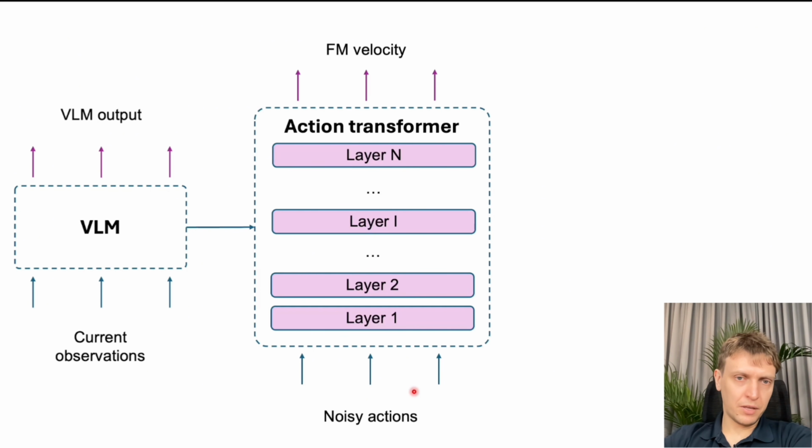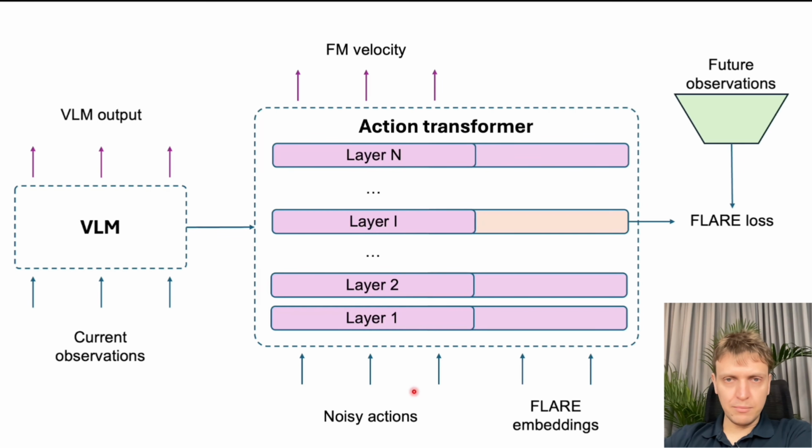So what NVIDIA did in this FLARE work is use the same transformer to predict an extra objective. This objective is basically the latent representation of the future observations. They didn't change the weights. They didn't change anything in these layers. They just added extra inputs along with the noisy actions.